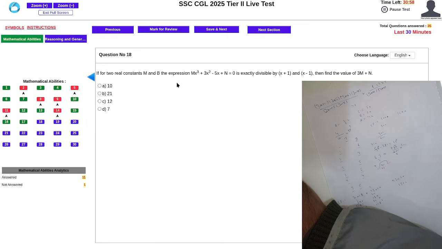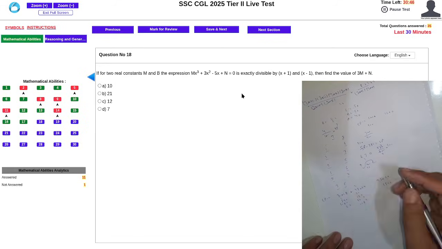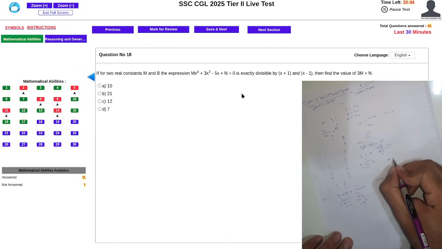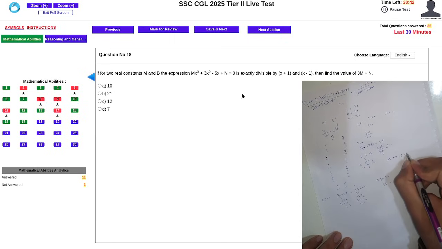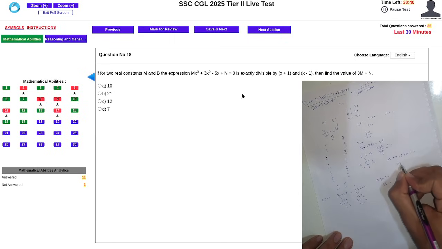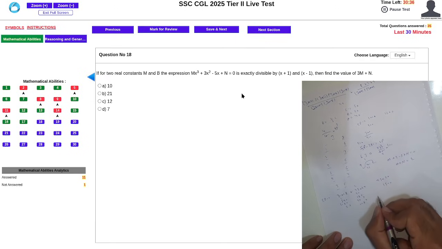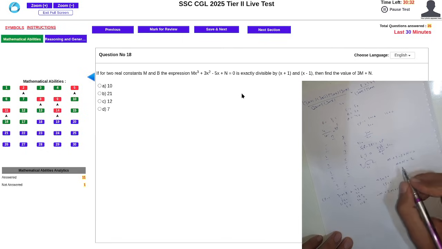For two real constants, and the expression B is exactly equal. So let us put the values: m plus 3 minus 5 plus n is equal to 0. m plus n is equal to 2 minus 1 minus m plus 3 plus 5 plus n.